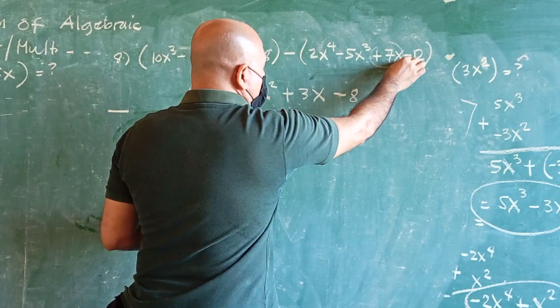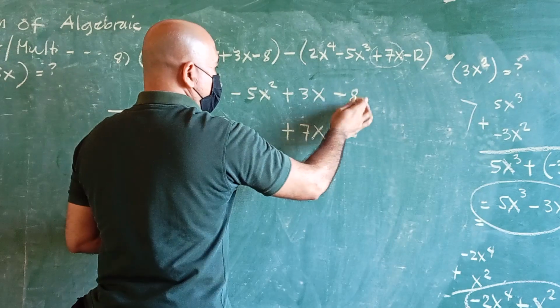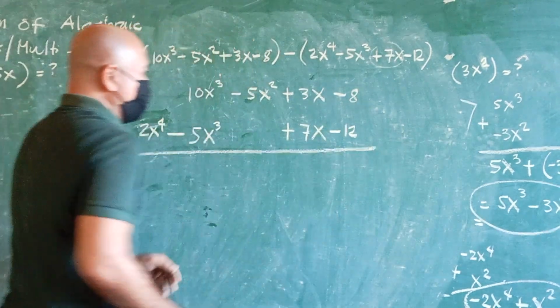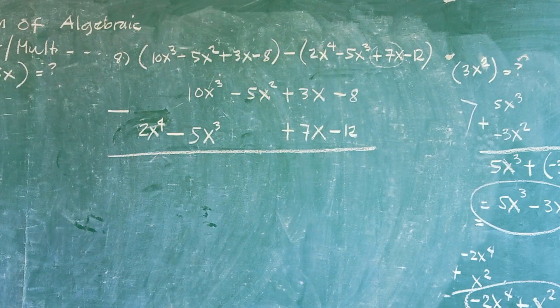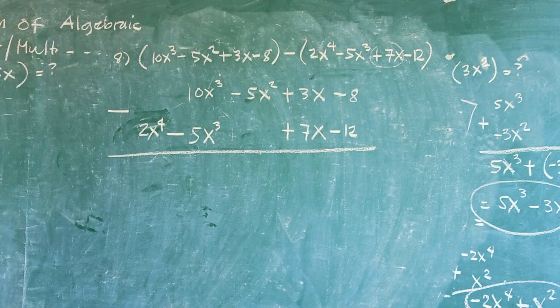And then you write minus 12 under the constant, which is minus 8 also. So that's it. That's how you arrange the given algebraic expressions according to their exponents for you to see if there are similar terms.